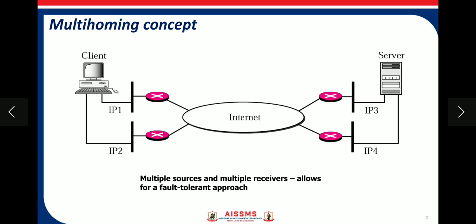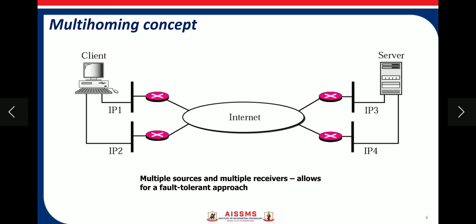The client is connected to local networks with two IP addresses, as shown in the diagram. The server is also connected to networks with two IP addresses. The client and the server can make an association with 4 different pairs of IP addresses.